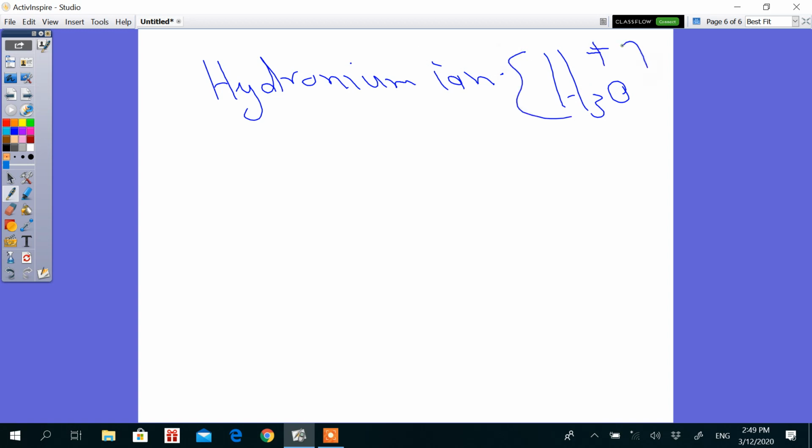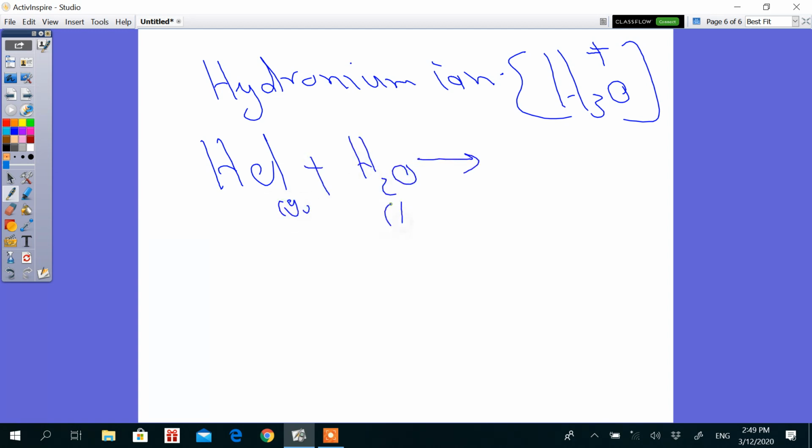For any acid that can dissolve in water, like the previous example, hydrochloric acid, HCl: when HCl dissolves as a gas in H2O liquid, it can produce that hydronium ion. It will form first hydrochloric acid.